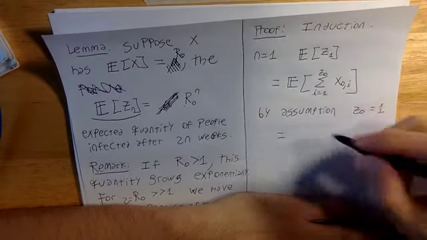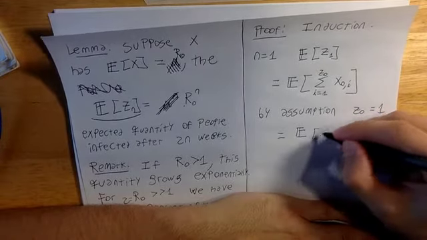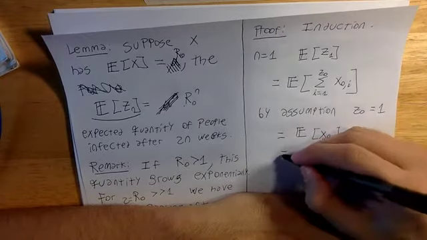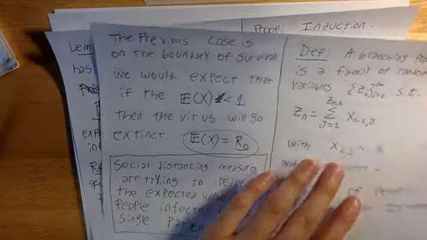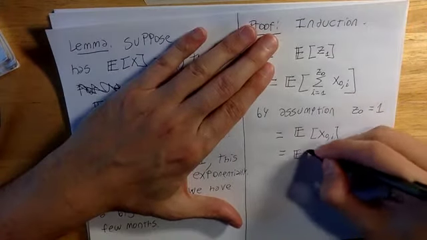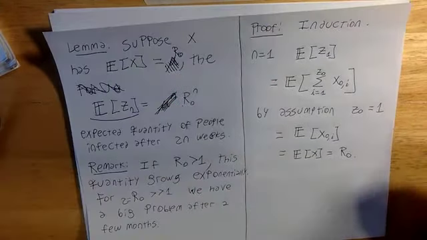So this is equal to the expectation of X0i, and because we are assuming that Xij is distributed like X, this is equal to the expectation of X, which is equal to R0. Okay, so this is the first step.